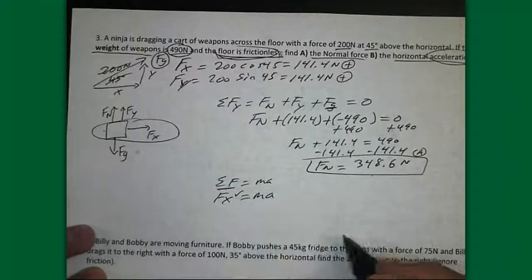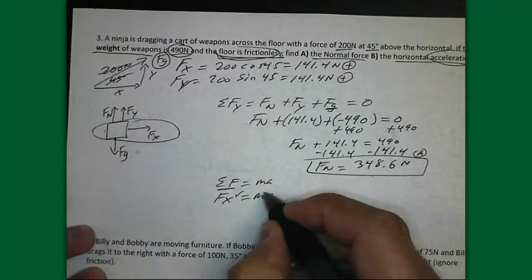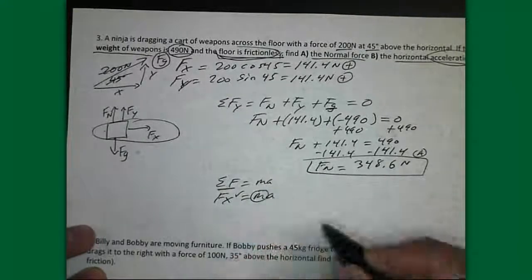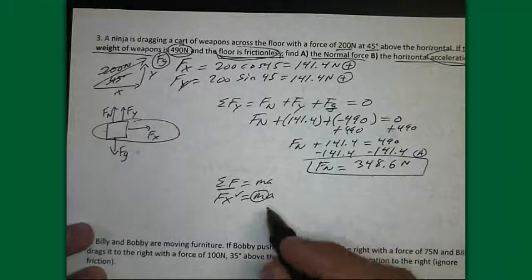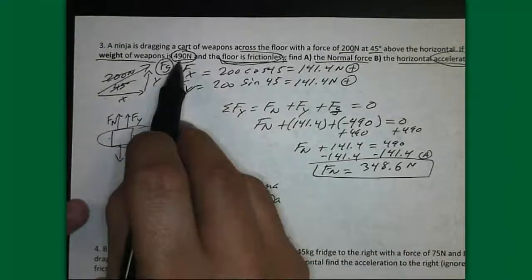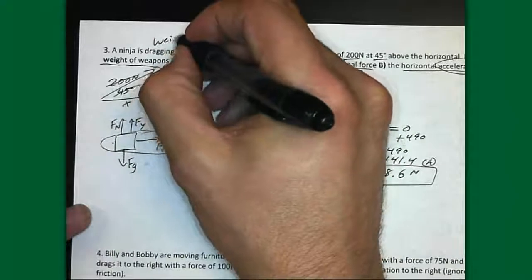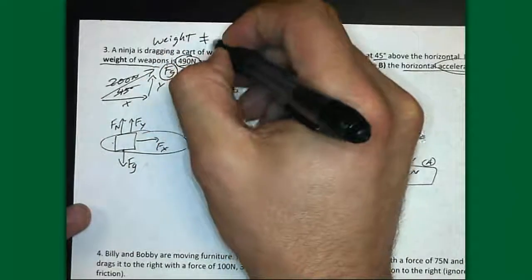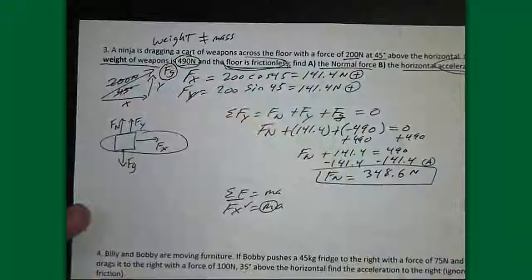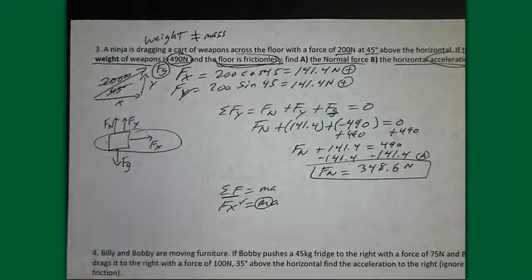I know this, but I don't know the mass. You might be saying, wait, mass is 490. No, it's not. The weight is 490, and weight does not equal mass. They're not the same thing. So you say, well, how do I get the mass?